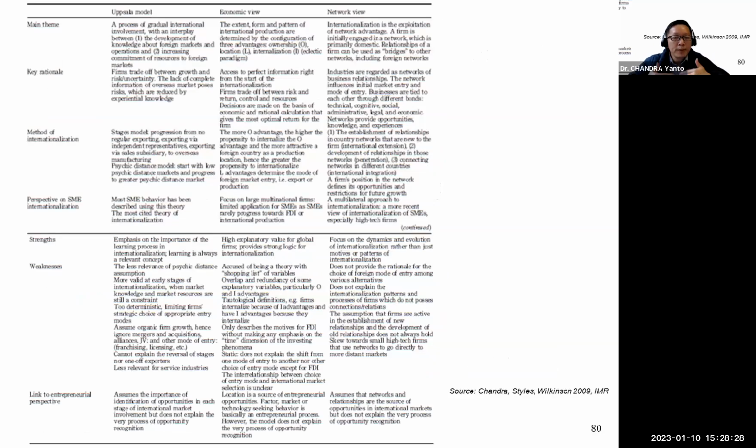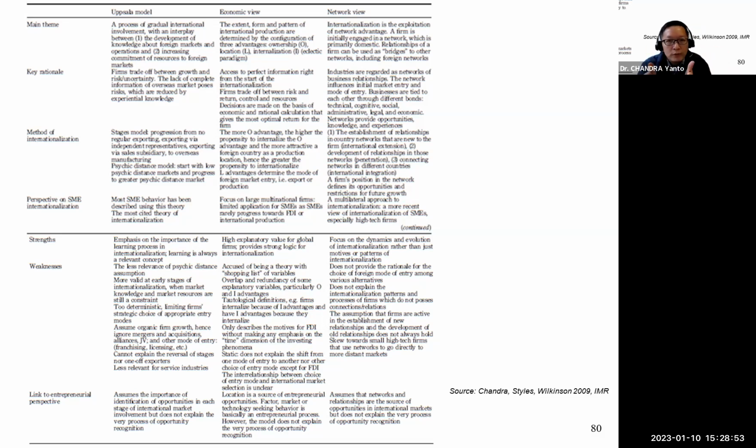And from then on, I built the second table, still in the same paper. I built the second table on the literature review by looking at the theory about why firms go global or go international. So there's the Uppsala model, just a quick one. For example, they say it's better to internationalize or globalize in a step-by-step approach to reduce the risk. And as you learn more, you can increase your commitment or involvement.